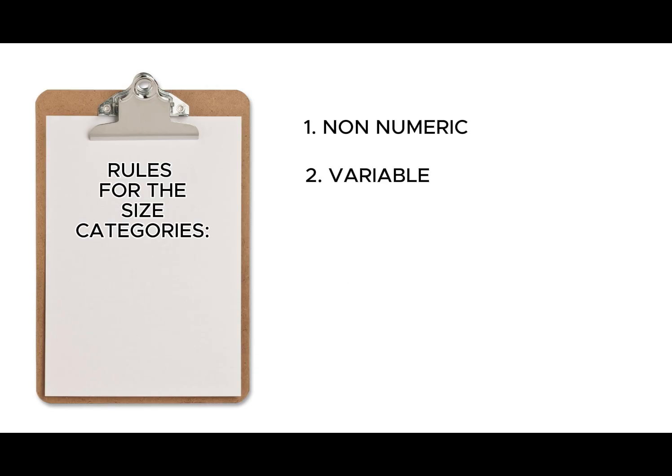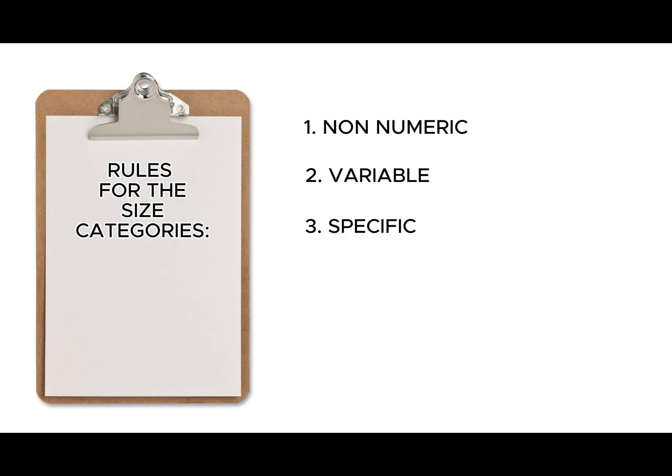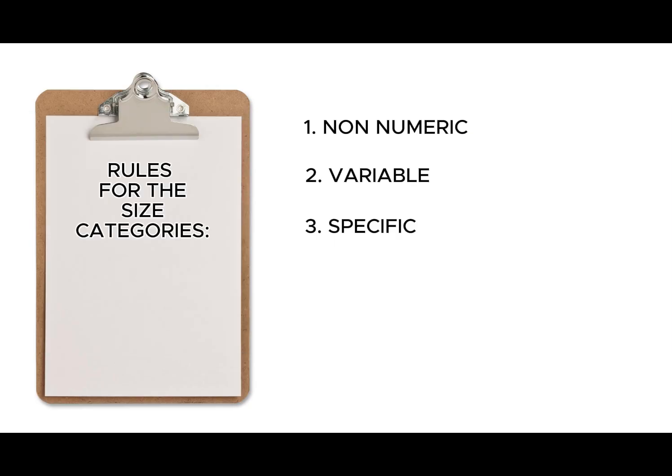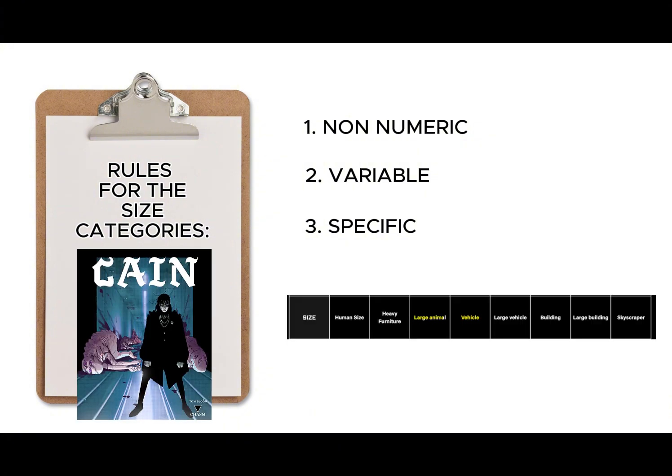Three, it had to be specific. So this might sound contradictory to the last criteria of being variable, but I promise it isn't, because while the range within the categories may vary, the size categories need to be distinct from one another to prevent confusion, so everyone is on the same general page about the size in question. So calling to mind Kane's example where they have large animal and vehicle.